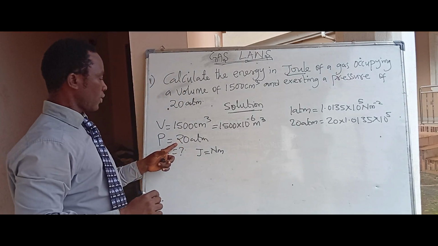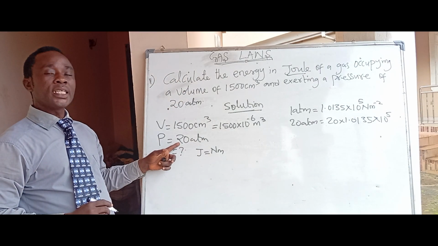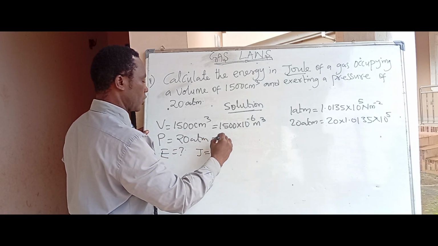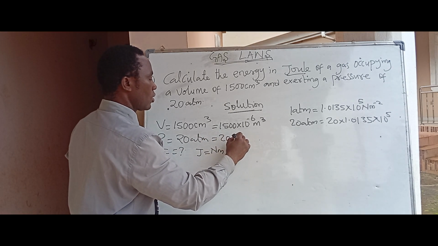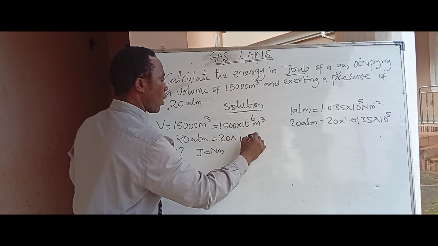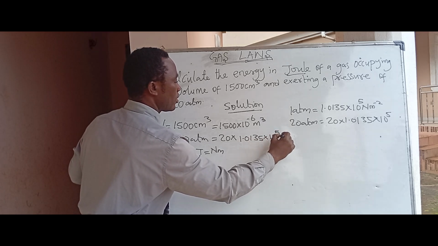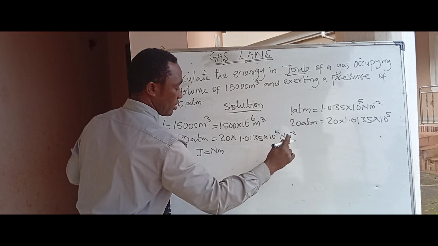So this 20 atm, we need to convert it to Newton per square meter. It becomes 20 times 1.0135 times 10 raised to power 5, then Newton per square meter.